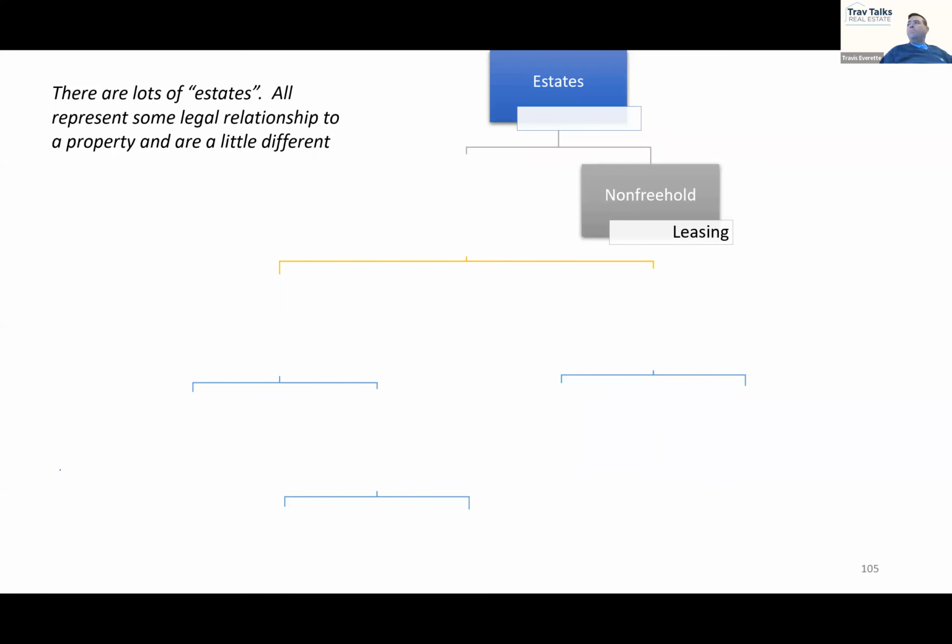So what we're talking about with leases or non-freehold estates are temporary transfers of less than the full bundle of rights. I'll try to write that here. We're talking about temporary transfers, so they're not permanent, and not the full bundle.